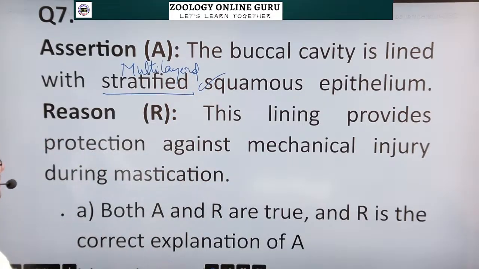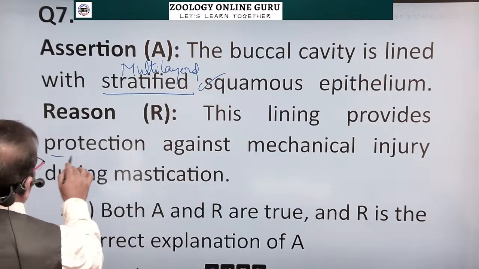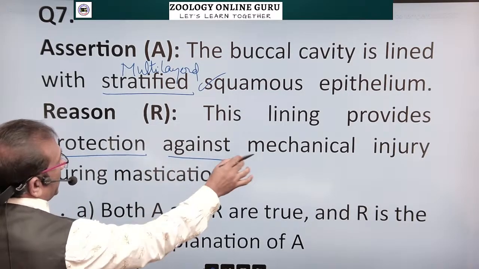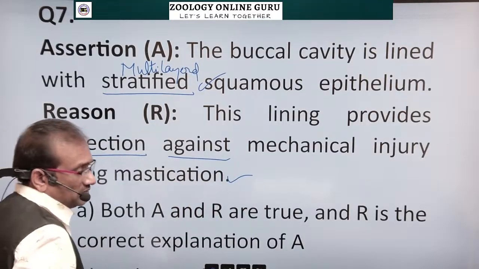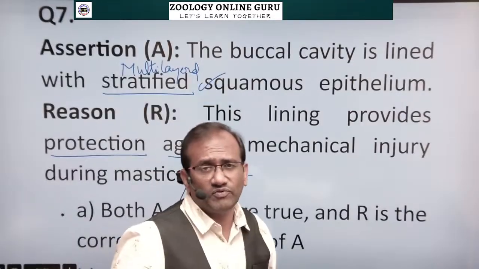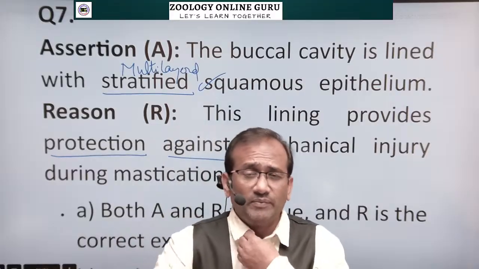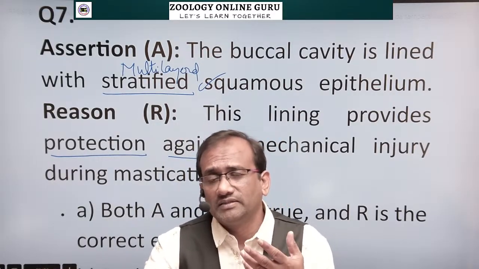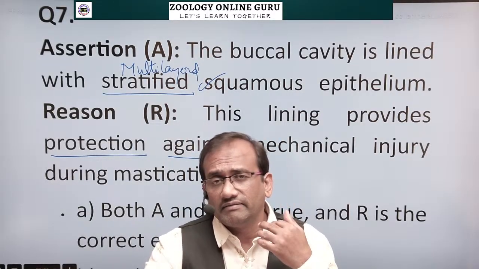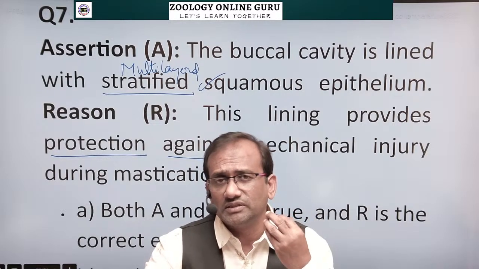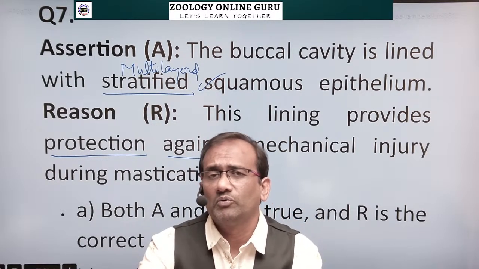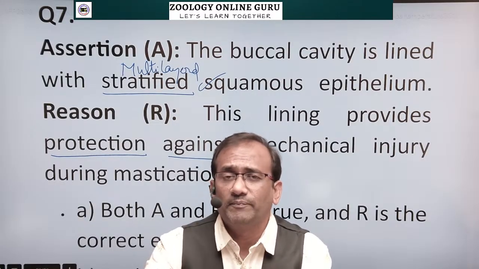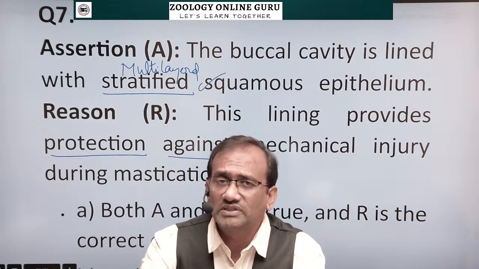Multi-layered squamous epithelium. Good, because this lining provides protection against mechanical injury during mastication. Whenever we eat food, sometimes our teeth involuntarily enter the cheek and press and bite some flesh, but there is no problem, because it is made up of stratified squamous epithelial cells.